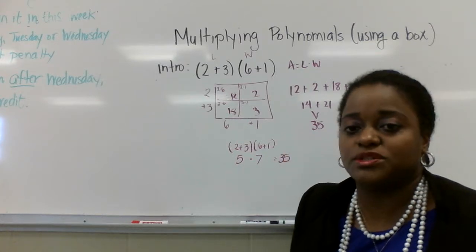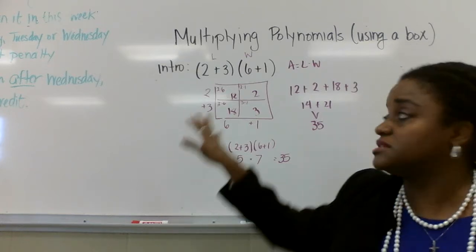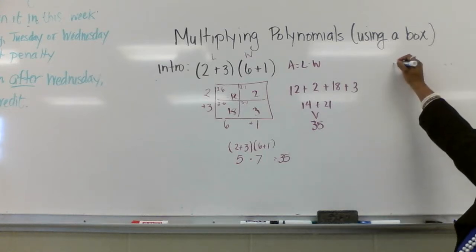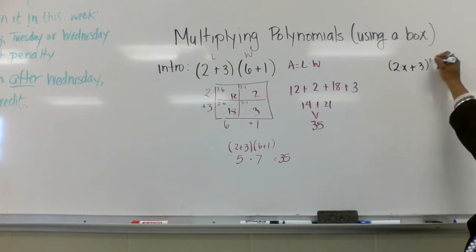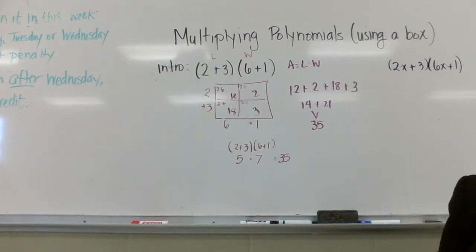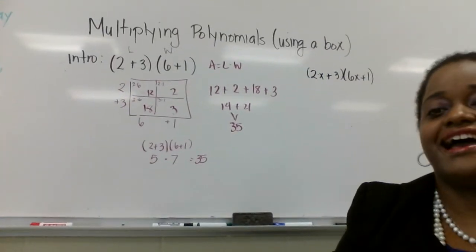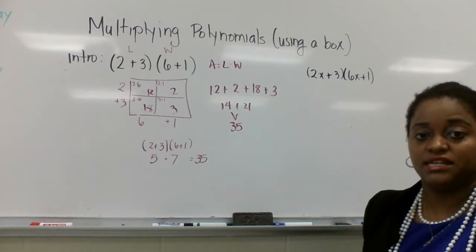So then what happens when we're using algebraic terms? So I have an example. We're just going to use these numbers again, but in a different way. So we have 2x plus 3 times 6x plus 1. All right. I'm going to make my box again.